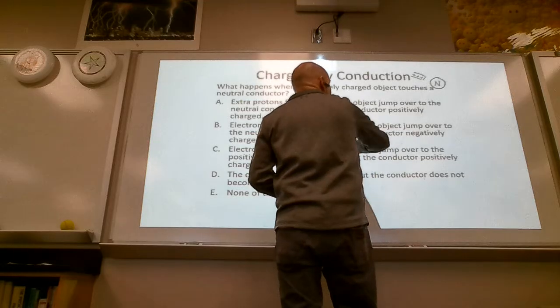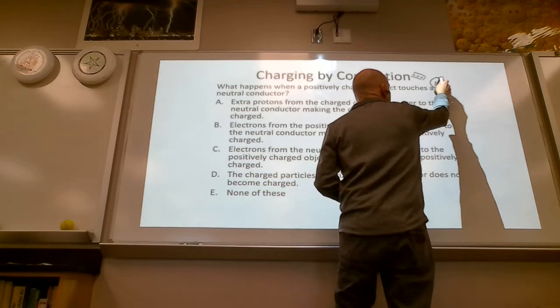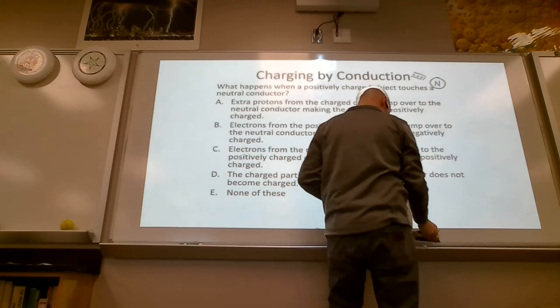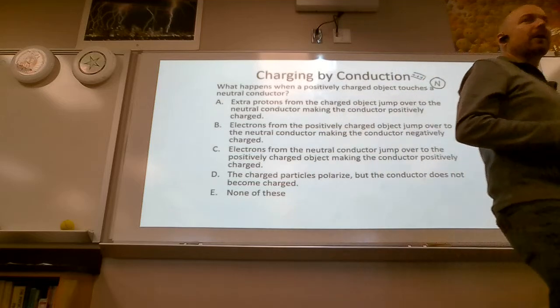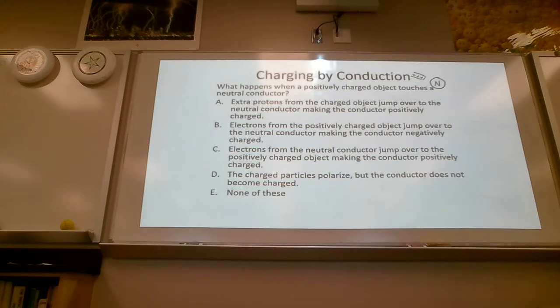All right, so let's say we have a neutral conductor and we're bringing a positively charged object near it, and we're touching it to the neutral conductor. What happens?